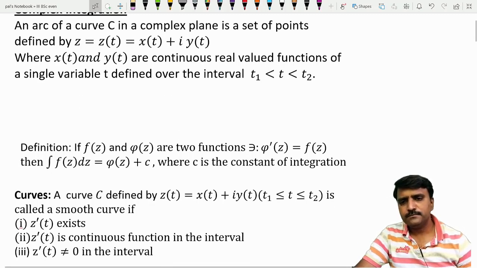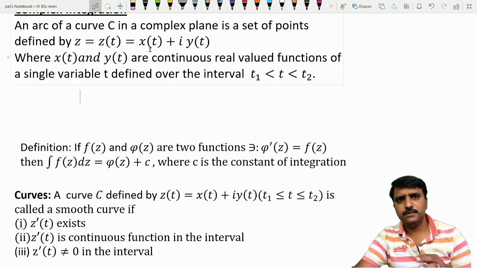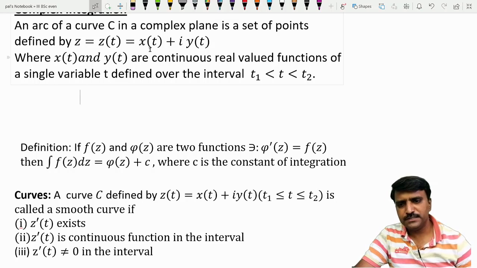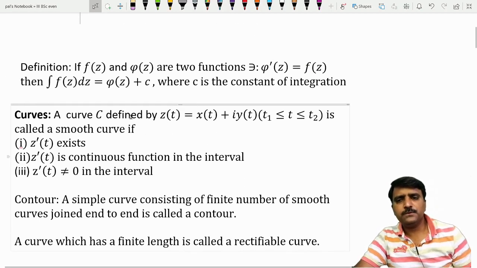You know that a continuous curve of a real valued function does not take any jumps or breaks, and we say it is smooth. Similarly, we use the meanings of continuity and smoothness, or differentiability, of the curve. Here we have one more definition, the complex integration definition. Suppose f of z is a complex valued function and phi of z is another complex valued function.